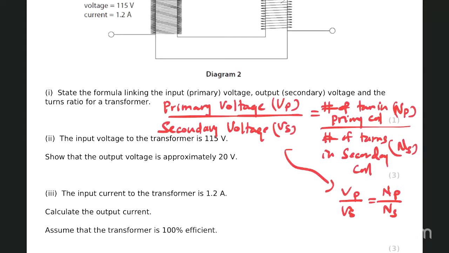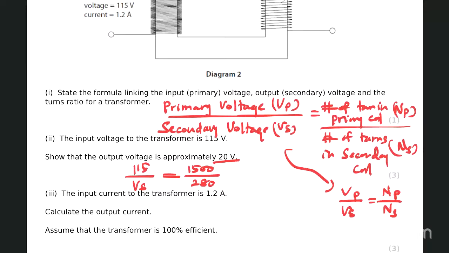The input voltage of this transformer is 115. So input means the primary value. So it is going to be 115. Show that the output voltage is approximately 20. So you are not going to apply that value, but you are going to do the calculation and you are going to get the answer something near 20, right? So which means we need to calculate the VS value, the output value, and the number of turns. So it is given in the equation 1500 over 280, right?